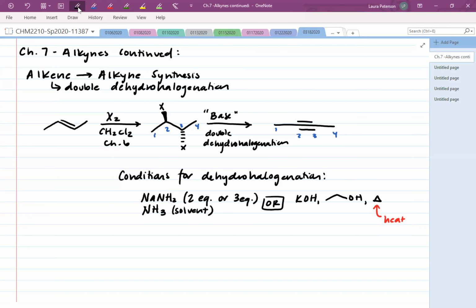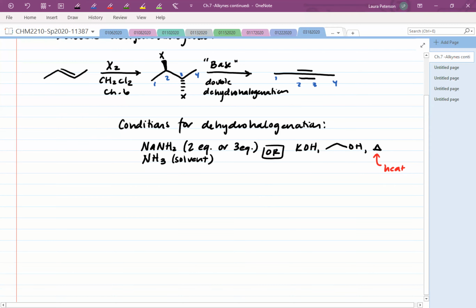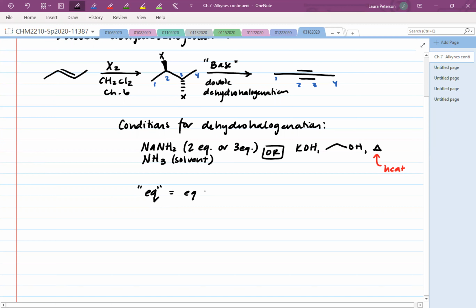Let's talk about equivalents for a second, and then we'll come full circle and talk about the dehydrohalogenation. EQ stands for equivalents, and this is related to stoichiometry. 2 equivalents would be a 1-to-2 mole ratio, where the 1 is your starting material.